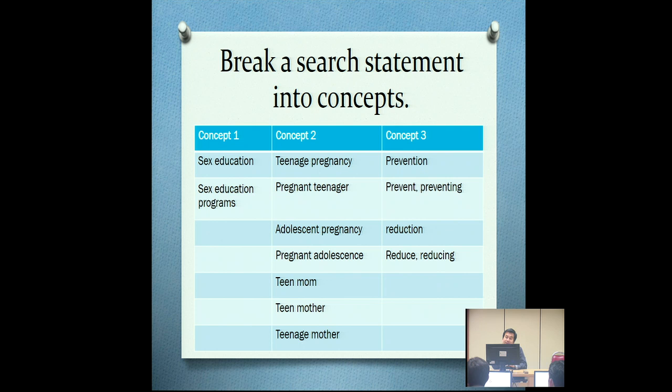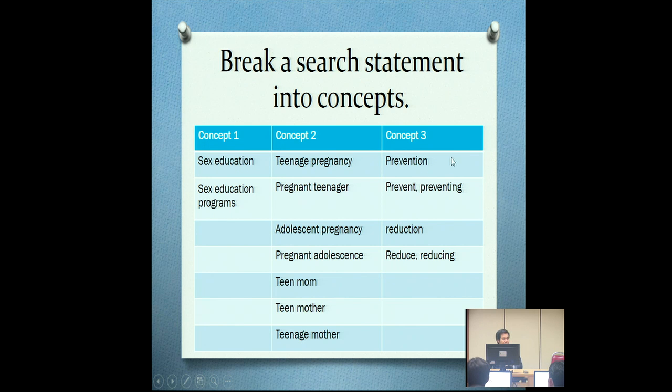Some newspapers use teen mom, teen mother, or teenage mothers, or something like that. You have to give them that the concepts can be not only one word. You have to think about other words that have the same meaning as teenage or teen pregnancy.